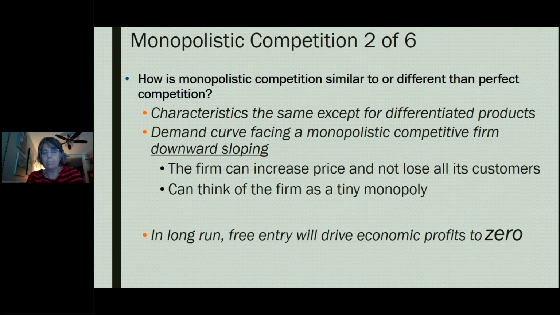In the long run, which who knows how long the long run really is, I guess it's when you can change all your variable inputs. But in the long run, because there's free entry and exit, the monopolistically competitive firm will not be able to earn economic profits. But what firms hope to do is to keep flipping over the clock to what the long run is. So you differentiate your product, you're able to get a profit.